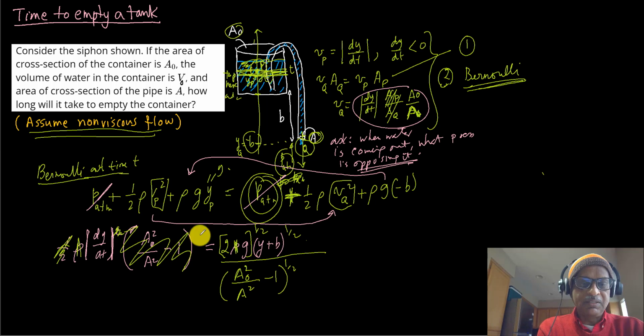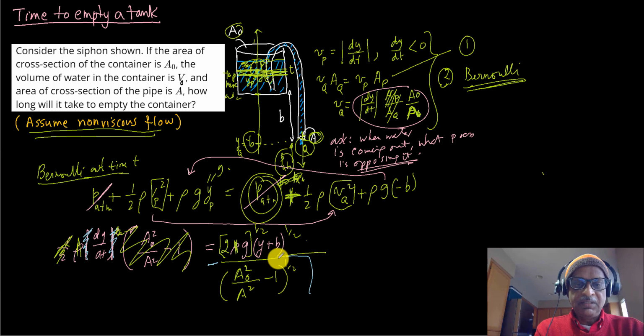This is the only thing: dy/dt is negative. So when I remove the absolute sign, I'll have to put a minus sign there.